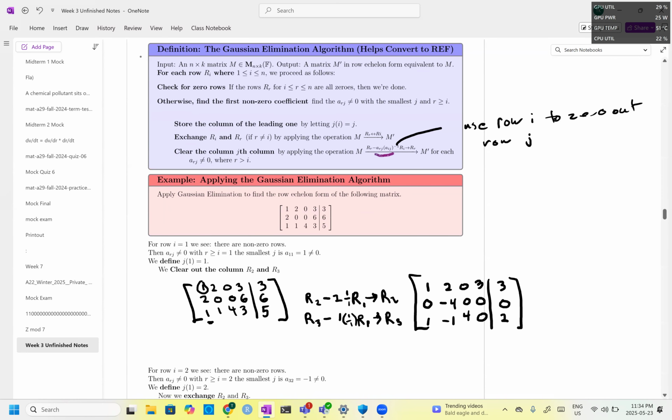And this entry here, sorry, is going to be a 0. Now you can see I've cleared out the first column. So I've picked my leading entry. I've put it in the right spot. I've cleared out the first column.